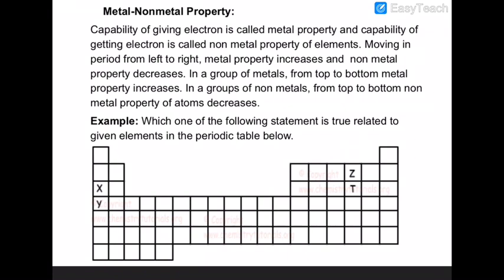So today we are going to discuss the next property of the periodic table, that is the general tendency of metal and non-metal properties. The capability of giving electrons is called metallic property, and the capability of getting electrons is called non-metallic property of an element.